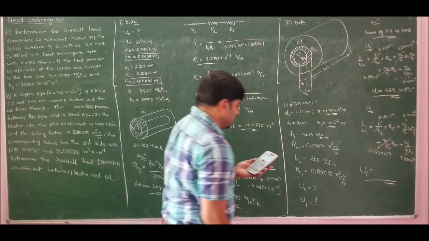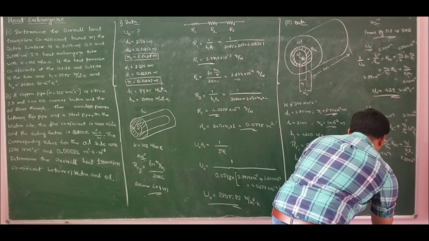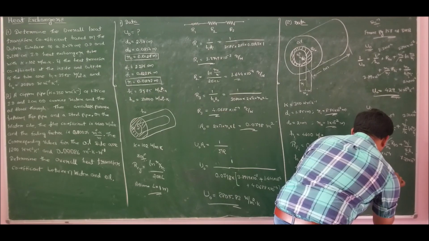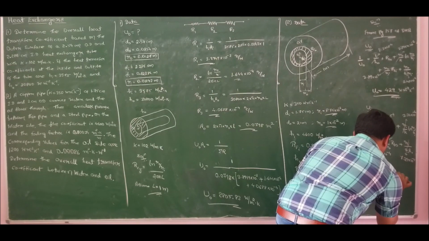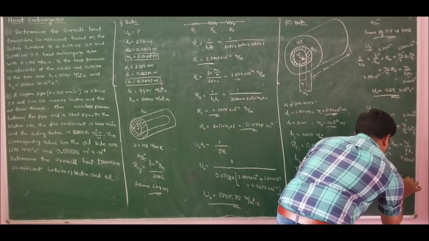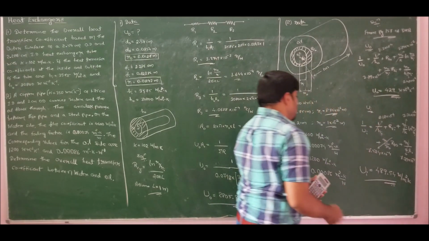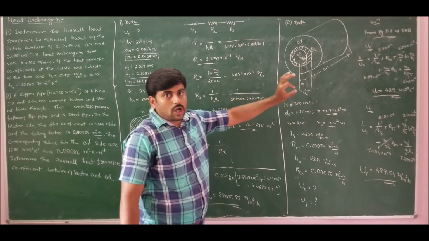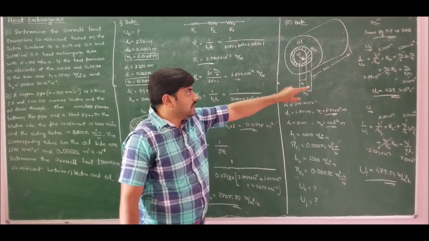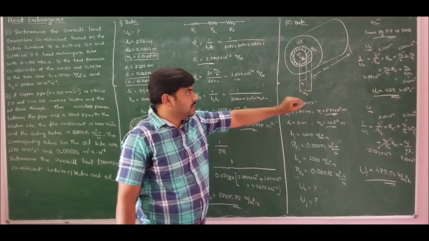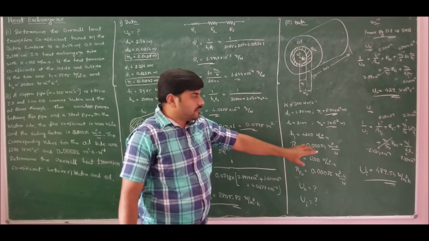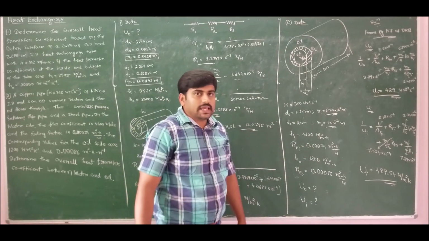If I solve, I will get the overall heat transfer coefficient based on inside surface area as 489.54 W/m²K. Hence, the solution is 429 W/m²K based on outside surface area, and 489.54 W/m²K based on inside surface area.